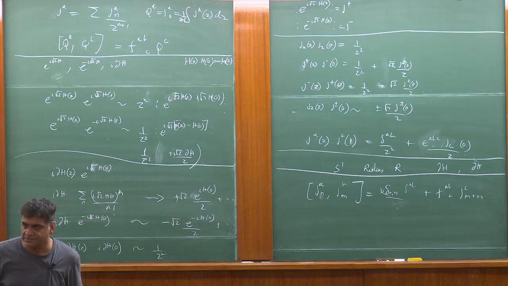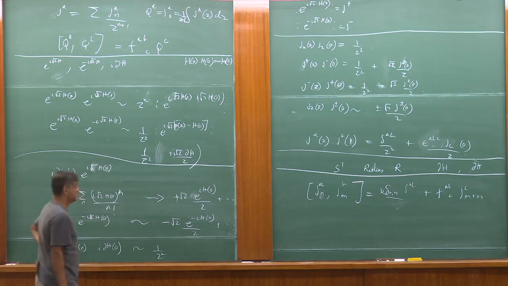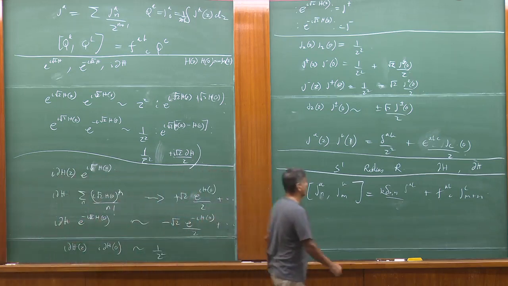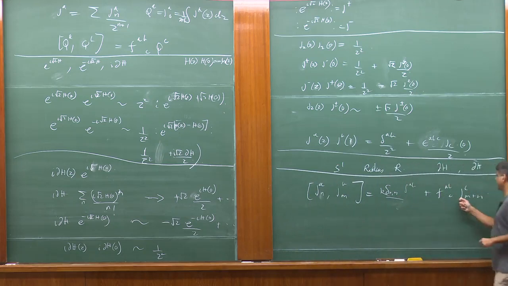Was that your question? Yes, but it can be finite dimensional if these structure constants are zero at some stage? No, it's never finite dimensional. Because the infinite dimension is not coming from the f^{ABC}. It's coming from the m and n. No, but if for some C, f^{ABC} is 0, let's say.